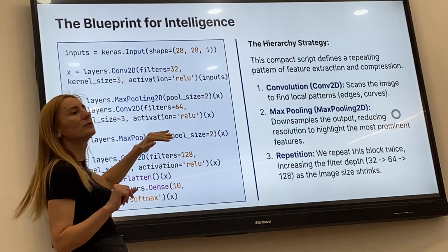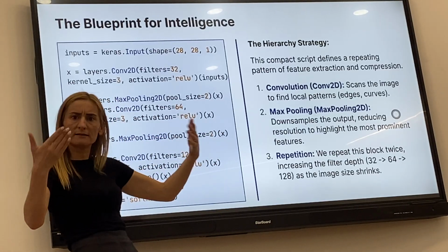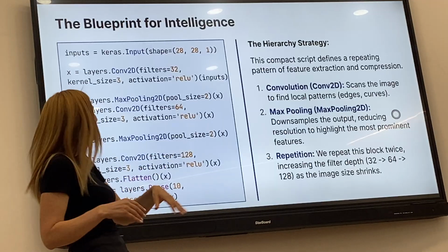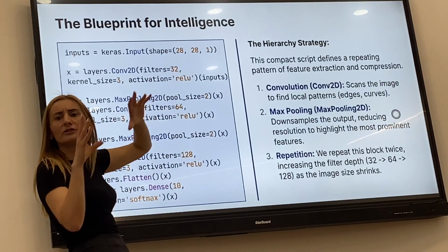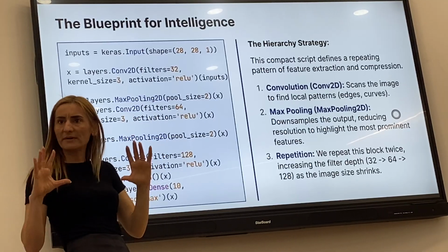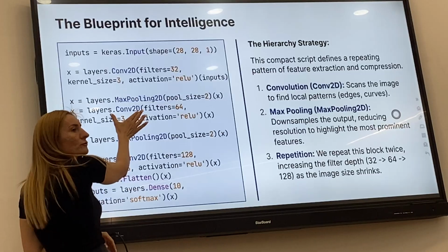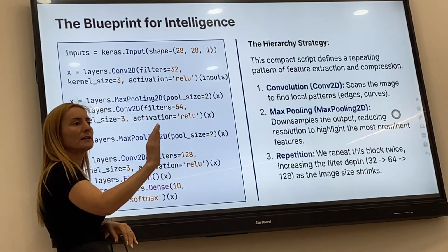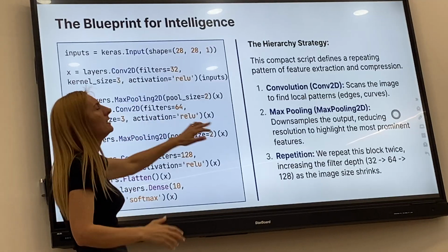So now we are repeating. There is a repetition, let's say. The output that we had from that max pooling, that 11, 11, 32 map, is going to be an input now to another convolutional. What is that convolutional doing now? It's adding more filters. The number of filters will now be 64.